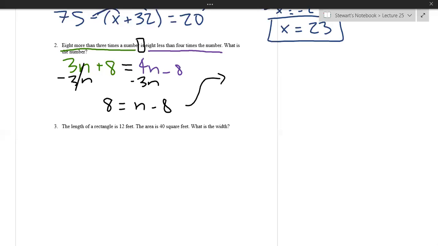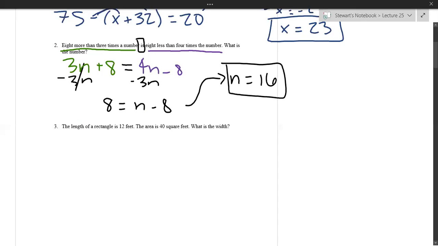So we're left with n is equal to 16. And if you want to, you can check it based on our expression. We'd check that 3 times 16 plus 8 is equal to 4 times 16 minus 8. On both sides you'd get 56. So it works out, and our answer is correct.